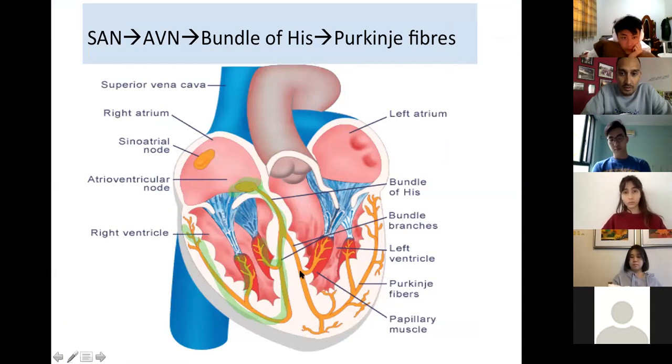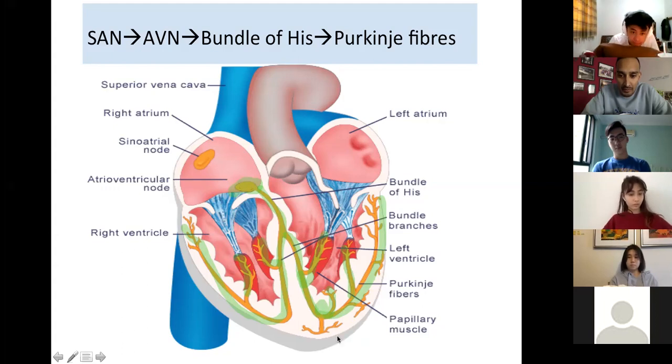Quick question, do we need to know how to spell AV node? It's just atrioventricular, just like the valves. It's between the atrium and ventricle, atrioventricular. So it's not really a new word.